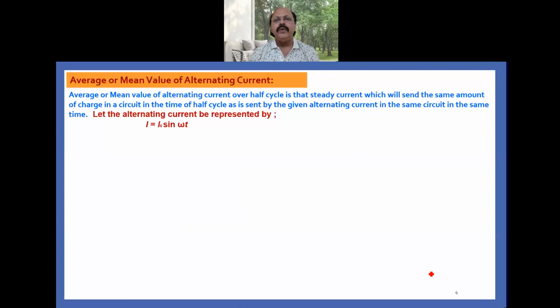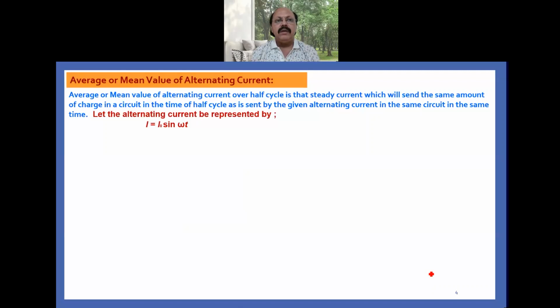So first we calculate how much charge is sent by alternating current through a circuit in the time of half cycle. Then after that we take the steady current in the same circuit in the same time, and then we calculate an expression for alternating current, and after that for alternating EMF.